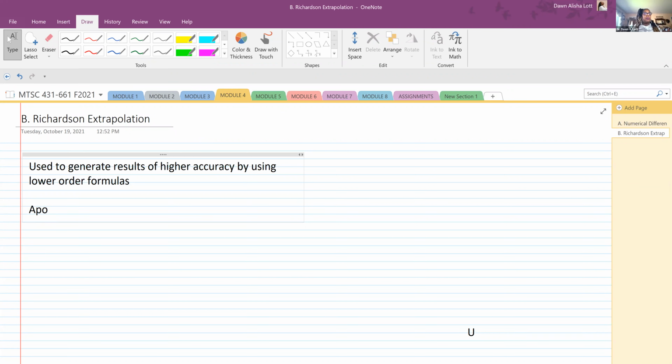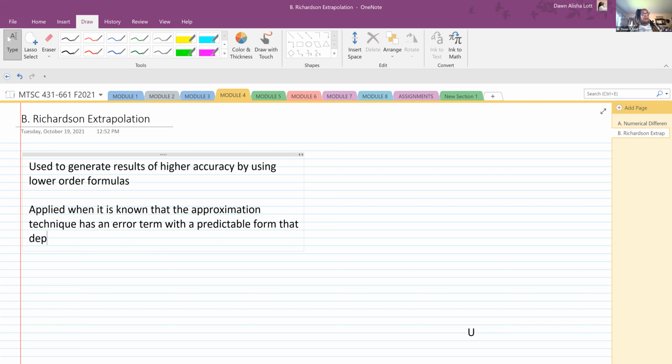It's applied when it is known that the approximation technique has an error term with a predictable form that depends on a parameter, usually the step size h. Okay.